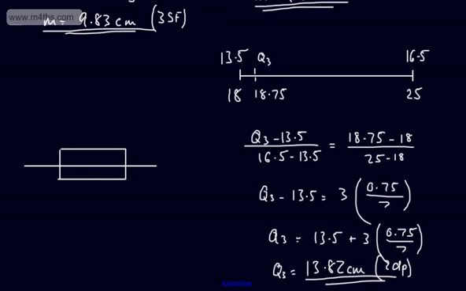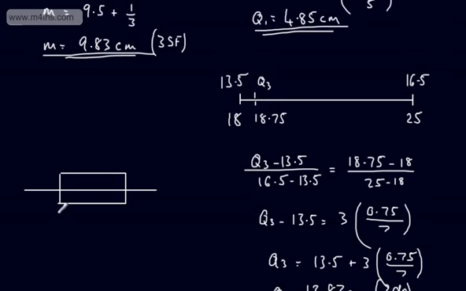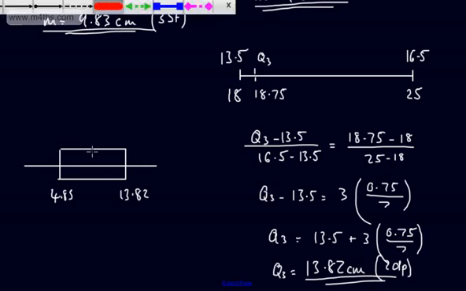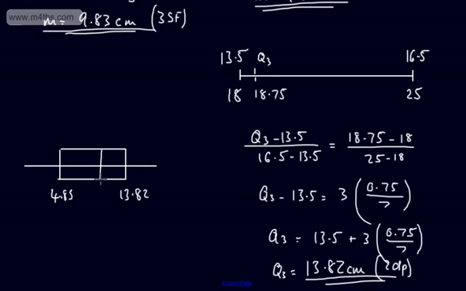So let's scribble those on. 4.85, we've got the 13.82, and then we'll put the median somewhere around there, not in the middle of these two as such. That's going to give us our 9.83. So these are our values. This is the lower quartile, an estimate for it. This is the upper quartile, and this is the median.